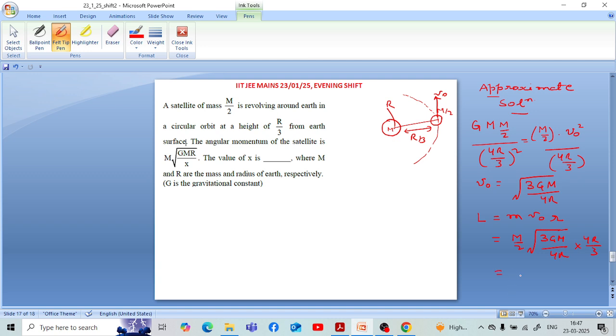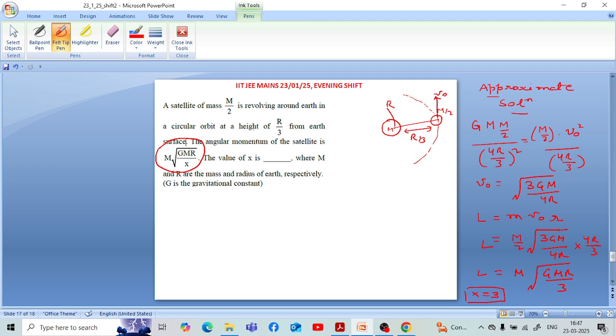After solving this, the value comes out to be m times square root of GMR upon 3. So this is the value of the angular momentum of the satellite. After comparing it with the given value, m square root GMR upon x, we can certainly say that x is equal to 3.